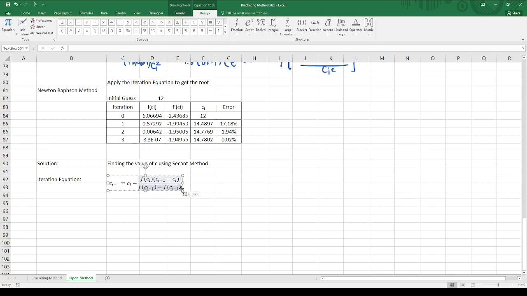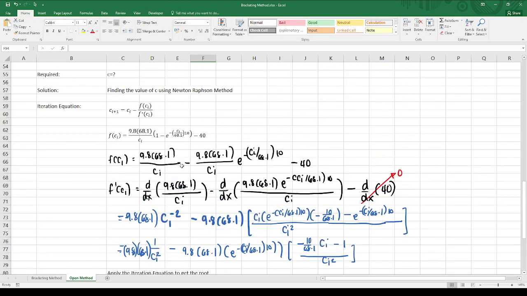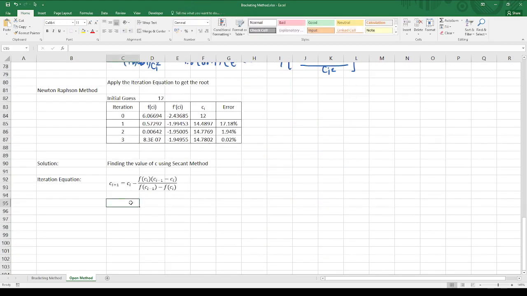Just correct this. Okay, in such a way that your f of c sub I is this one, and your f of c sub I minus 1 is, no more exchange, 1.